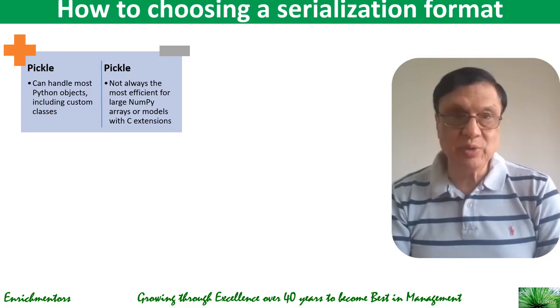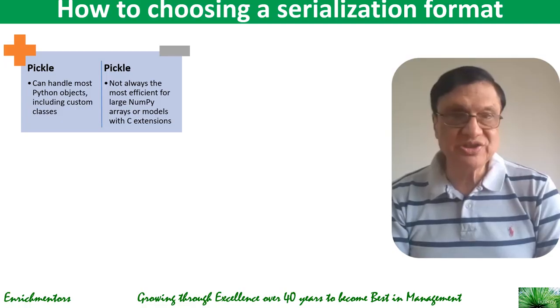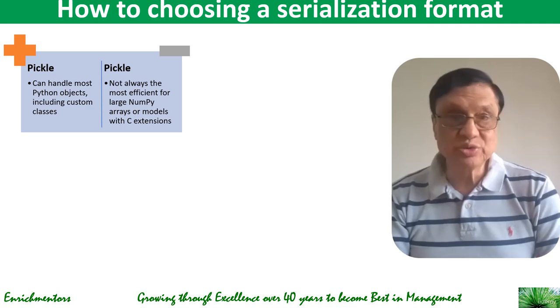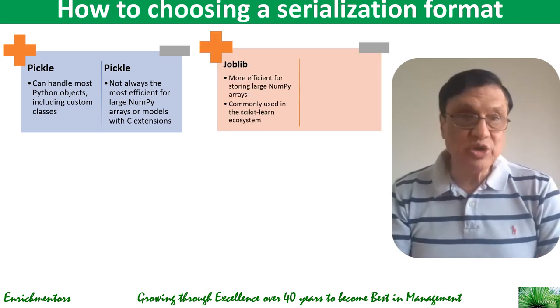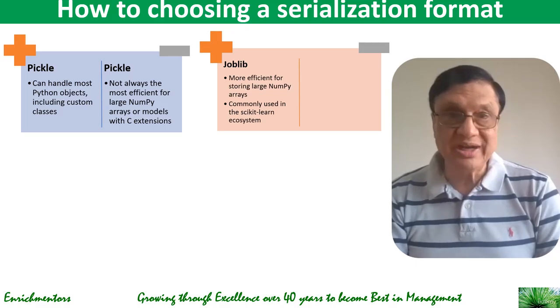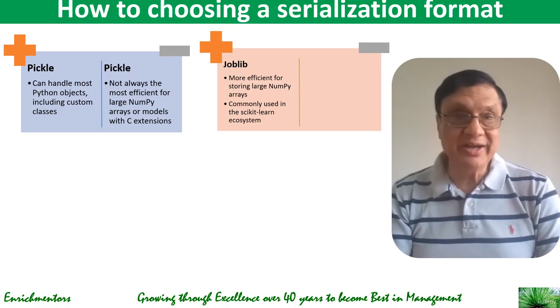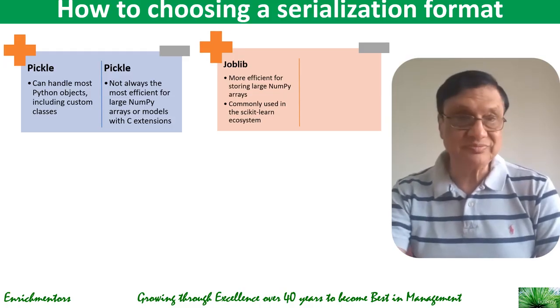Pickle can handle most Python objects, including custom classes, but it is not always the most efficient for large NumPy arrays or models with C extensions. So you know where to use it and where not to use it. On the other side, joblib is an alternative to Pickle that is more efficient for storing large NumPy arrays, and it is commonly used in the scikit-learn ecosystem.